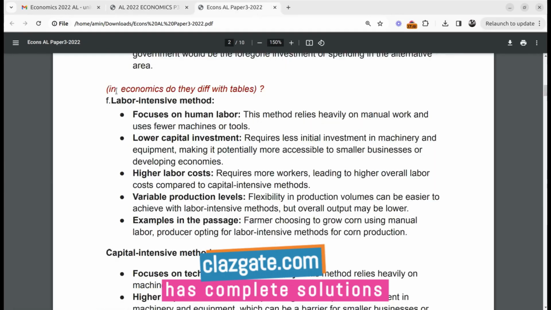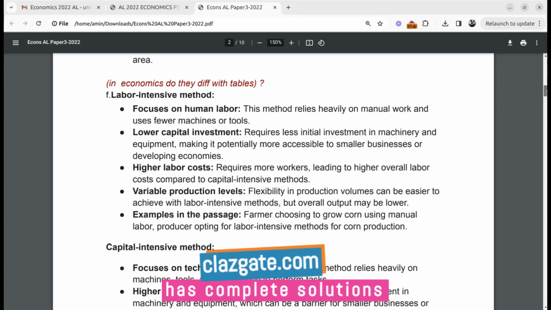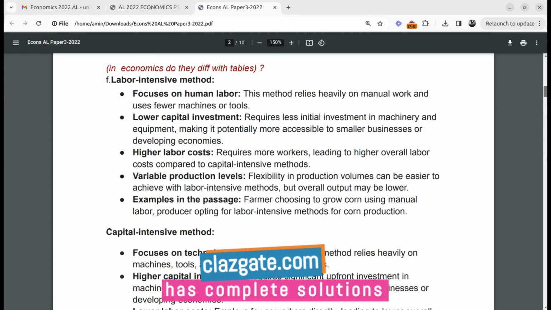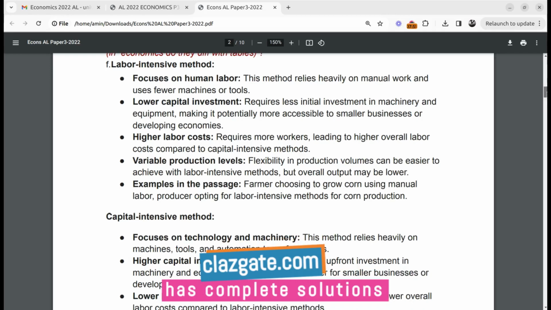As you can see here, you have been advised to differentiate using tables. But for ease, I'm going to just show you without tables, but make sure you tabulate it when you're doing your own.